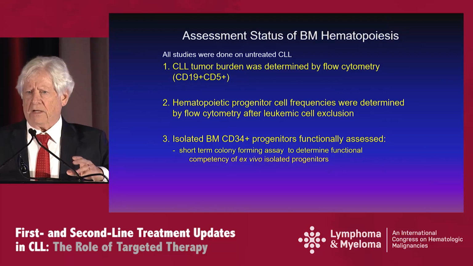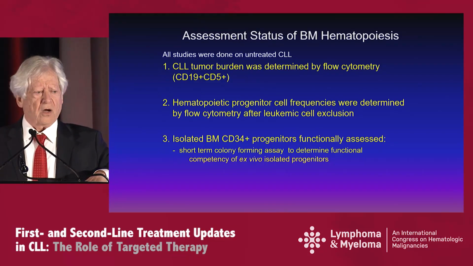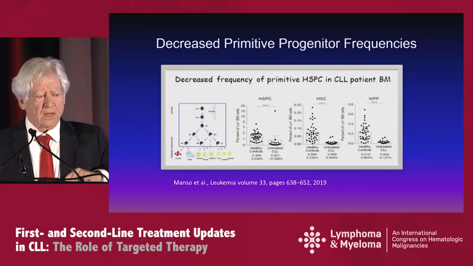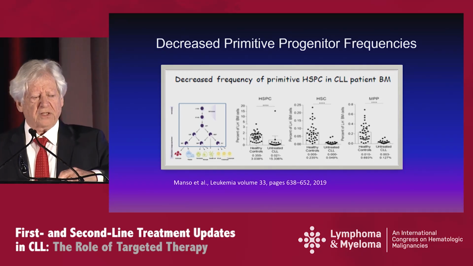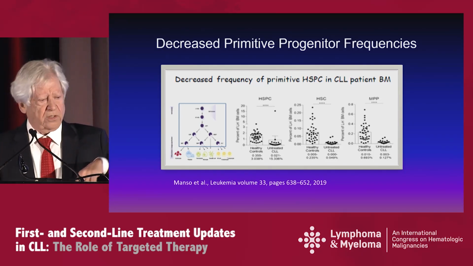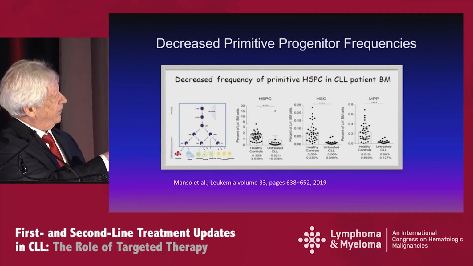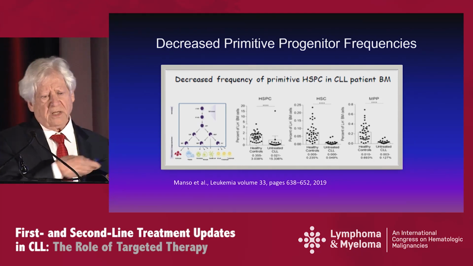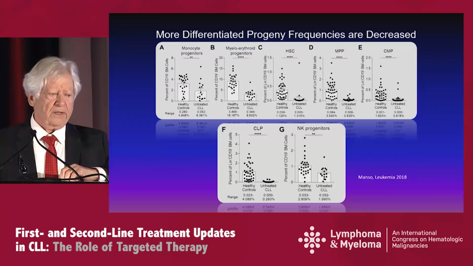We also isolated bone marrow CD34 positive progenitors and tested their function using short-term colony-forming assays. So we found, and have recently reported, that there are decreased primitive progenitor frequencies. And what you see, for sake of orientation, is untreated CLL compared to healthy controls, 3 different primitive progenitor populations, significantly less than a matched control population.